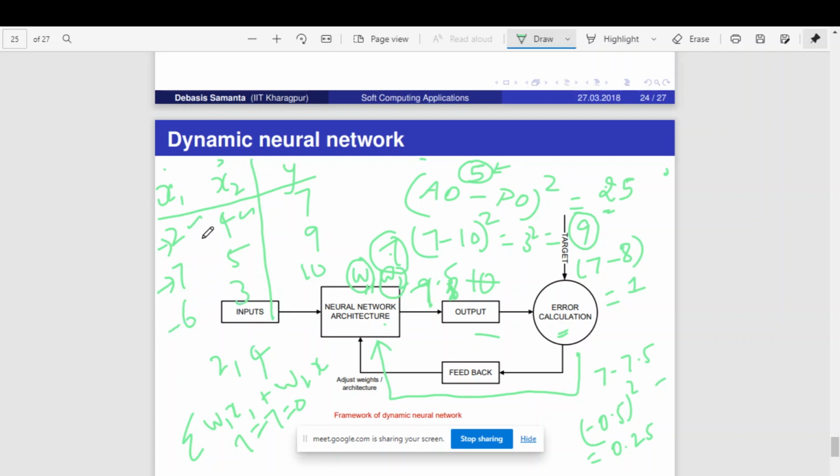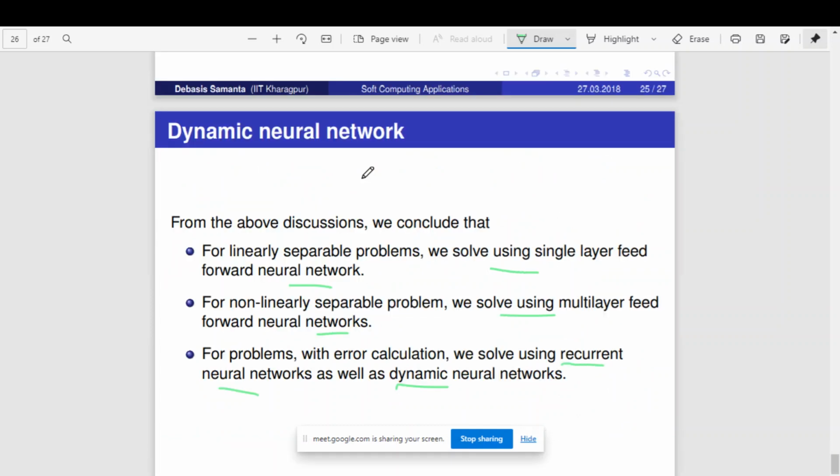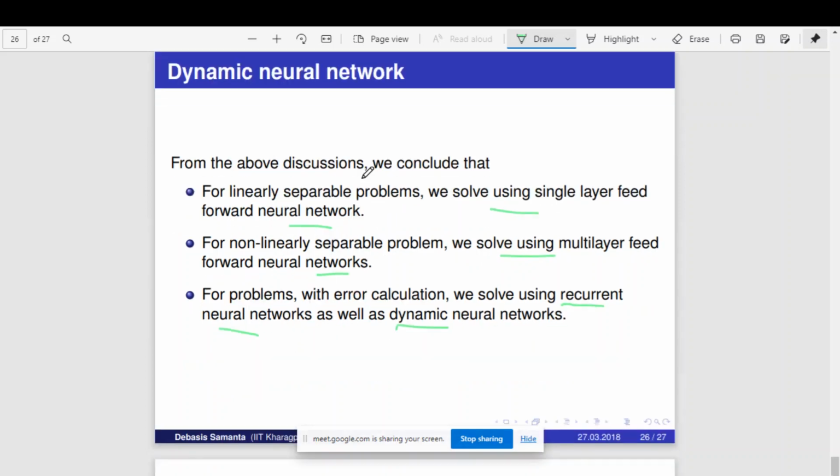For all data points, the weights should work. We will have multiple weights, but those weights should be tuned with respect to the respective data points. So this is the idea with dynamic neural network.